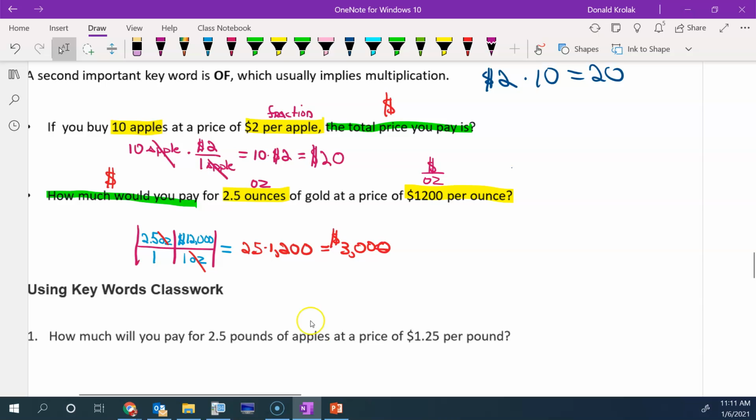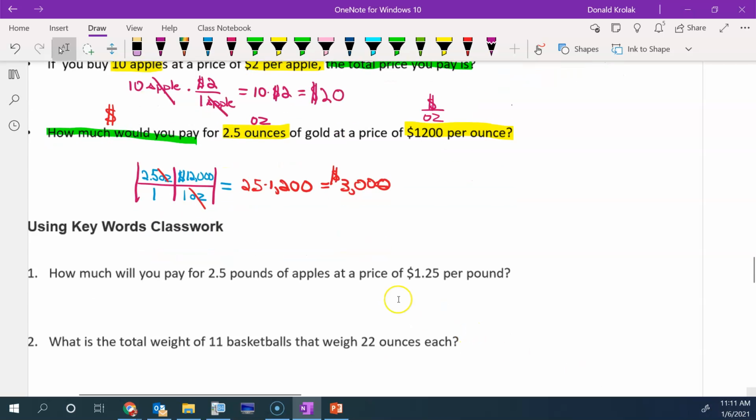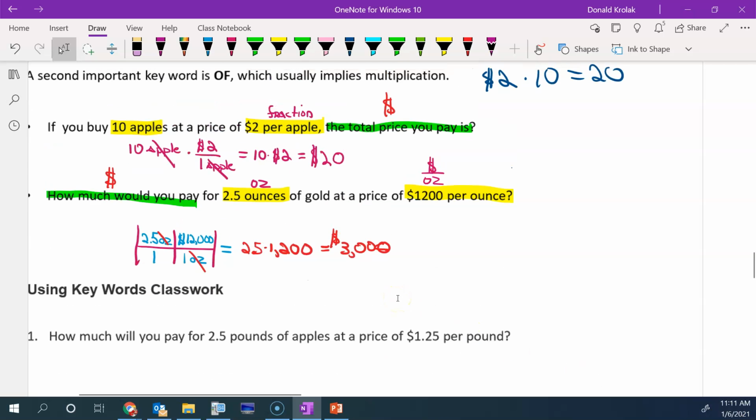When the label is right, I know my answer is right. $12,000? Oh, no, it's not, it's $1,200.